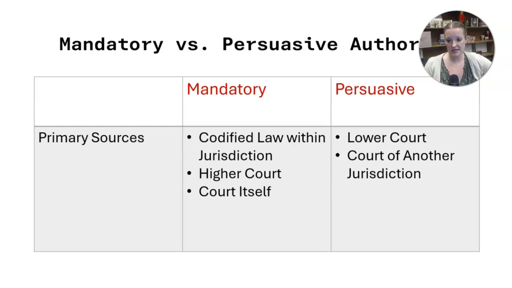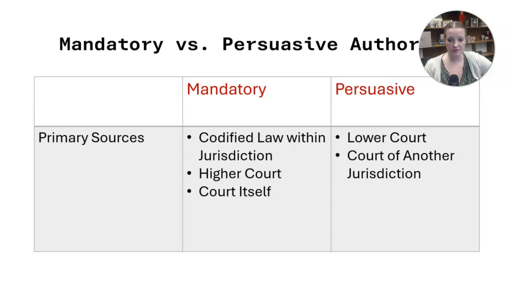And then with respect to case law, opinions that are coming from a higher court within our jurisdiction, or from the court itself, that precise court, will be considered mandatory, right? Whereas persuasive authority would be coming from a lower court, or the court of another jurisdiction.